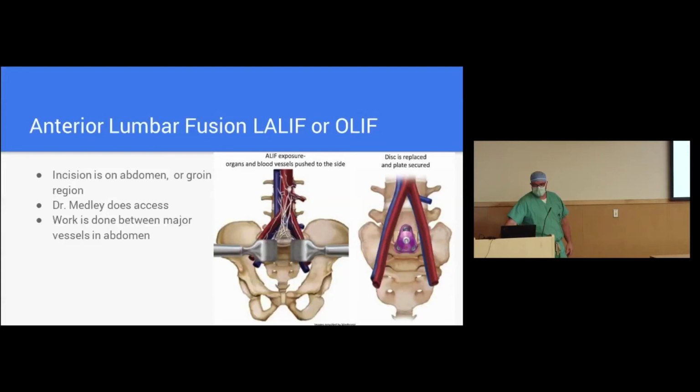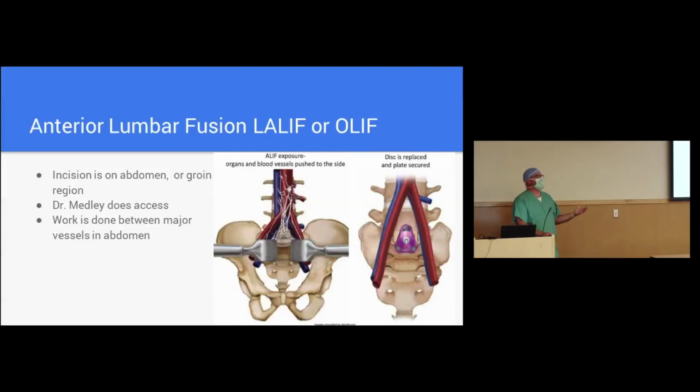They come down, so your iliac veins, iliac arteries, sometimes right at the aorta. To do the surgery, we're working between those structures. So those are cases that Dr. Medley assisted with. So if you know that Dr. Medley assisted with the case, then most likely they had an anterior approach of some kind.